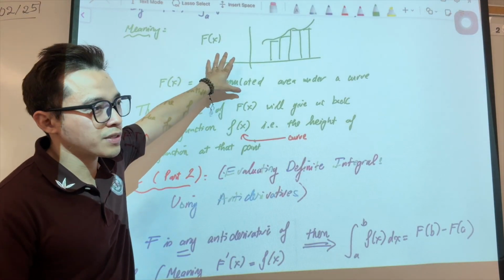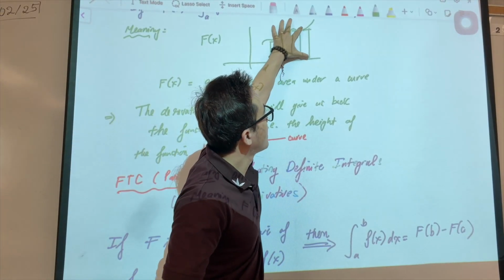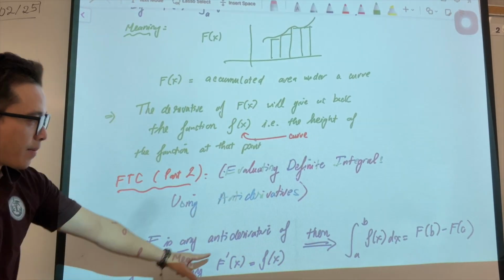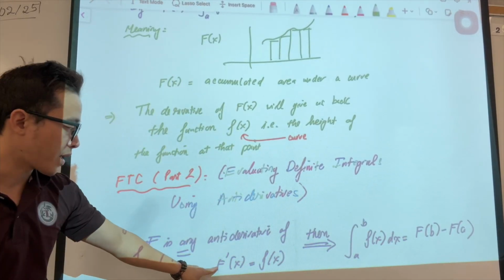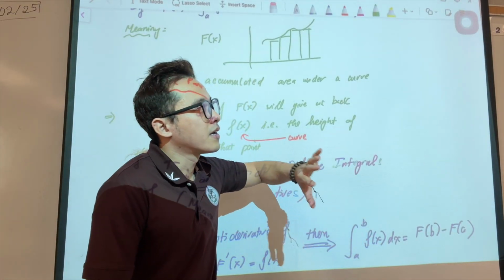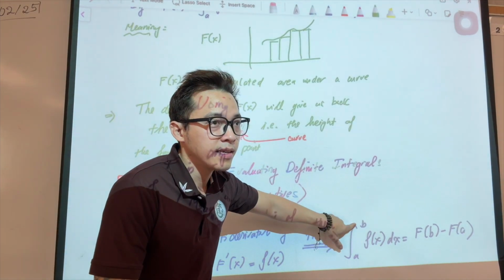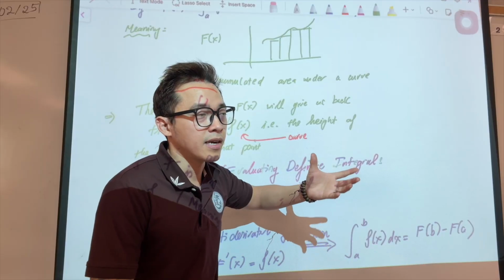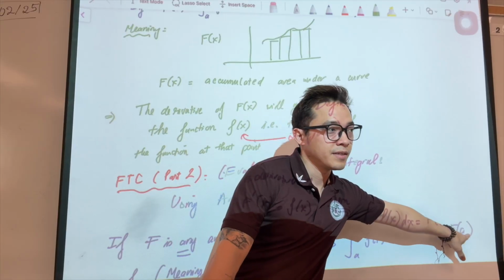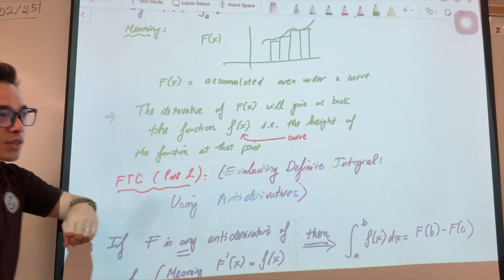Yeah, but in this context, what do you think is the meaning? From part 1, you take the derivative, that means you get the function at that point, or the height, right? How about this? Remember, f is the derivative, okay? If you take the integral, if you want to find the total area under the curve from A to B, it will be the antiderivative of the end point minus the antiderivative of the starting point. That's what the meaning of fundamental theorem part 2 is.